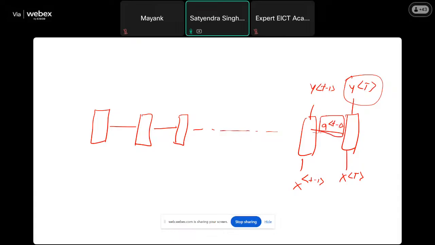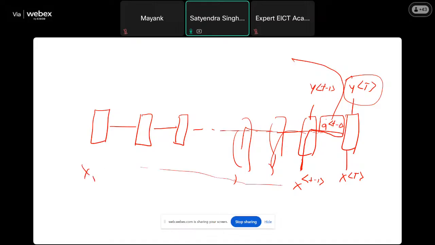The context vector or the state representation h t minus 1 has this information from all the previous RNN units. So indirectly, it is capturing the information from x1 to x t minus 1.